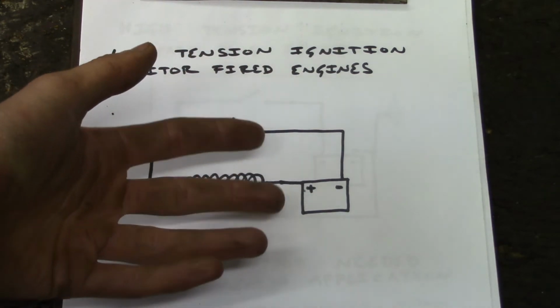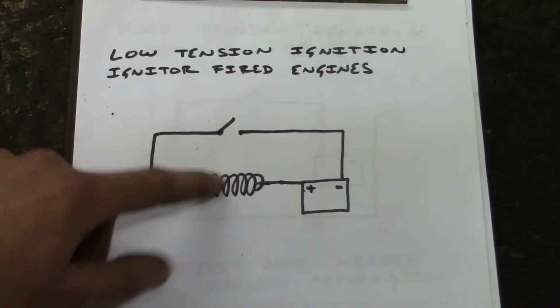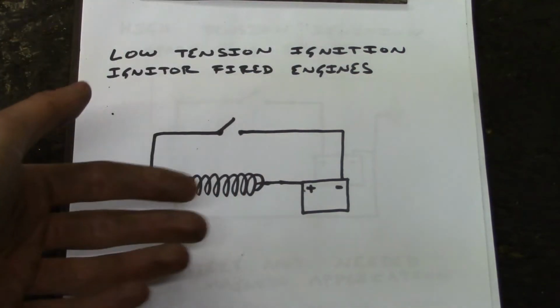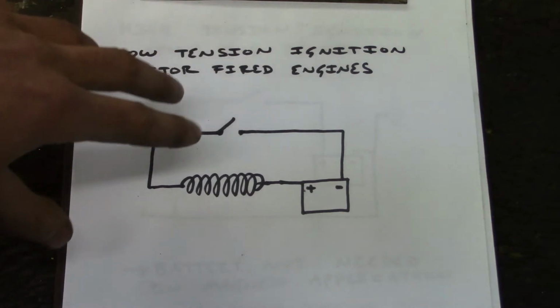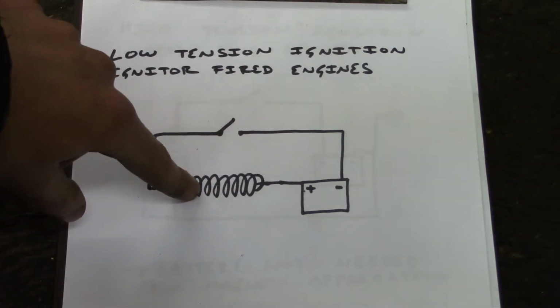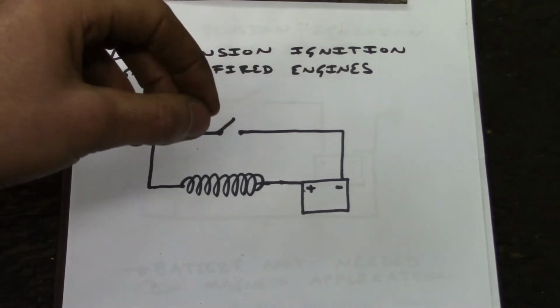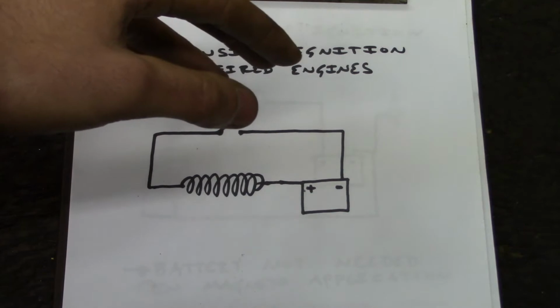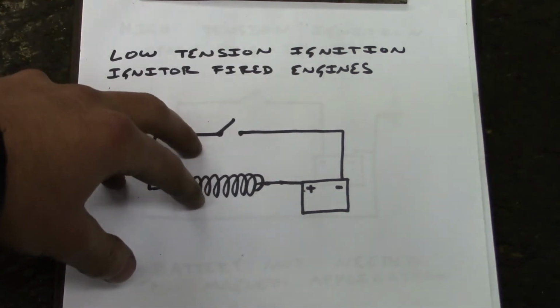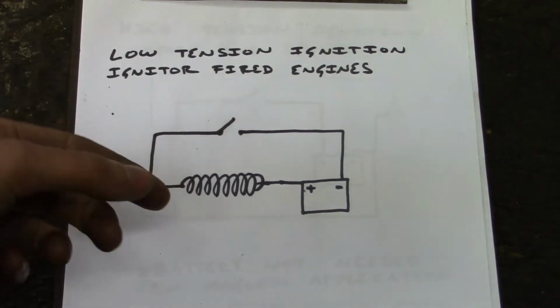And as that magnetic field collapses, it is actually moving through that coil. So the movement of that magnetic field induces a current in that coil. And that current is very high voltage, but a very low amount of current, very low amps, very high volts.